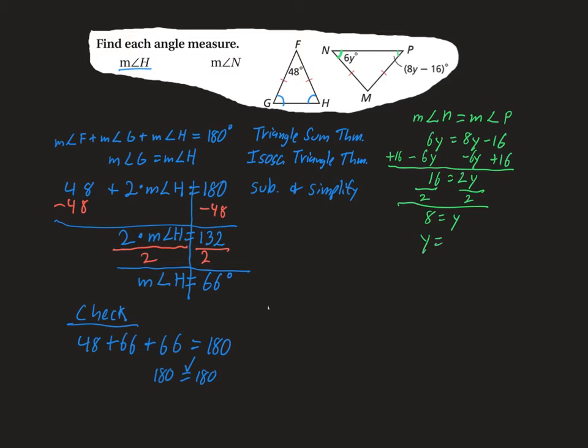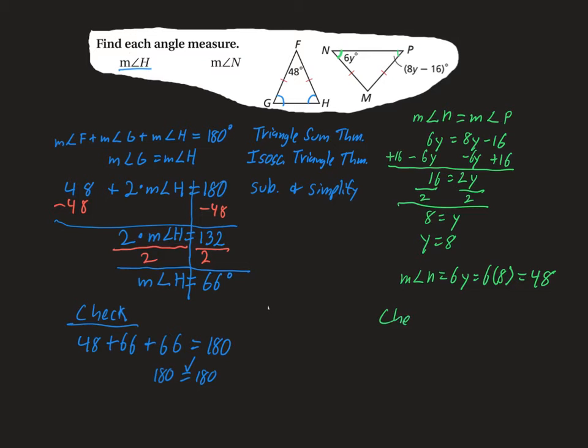So we solved that and got y is equal to 8. But we have to find the measure of angle N. So I'm just going to plug that back into the expression for angle N, which is 6y. So it'll just be 6 times 8, or 48. So the measure of angle N is 48 degrees.